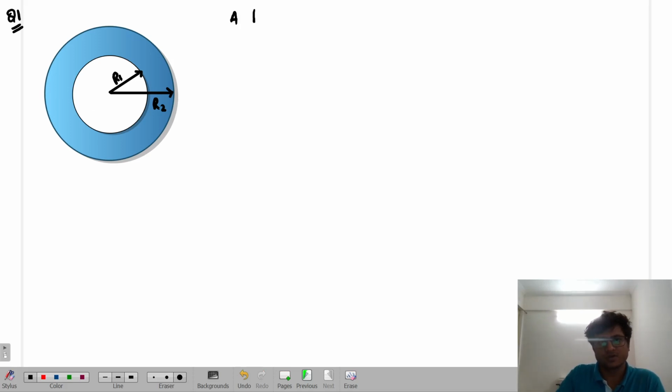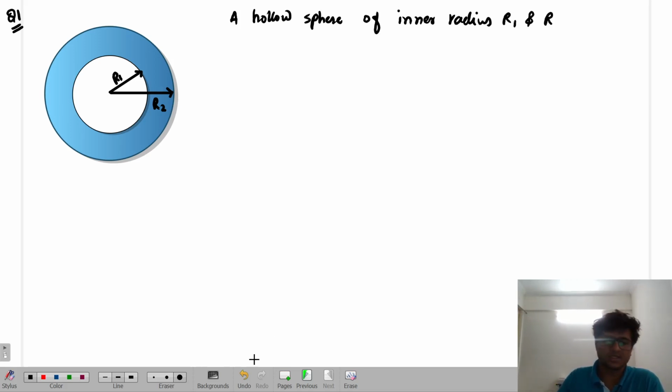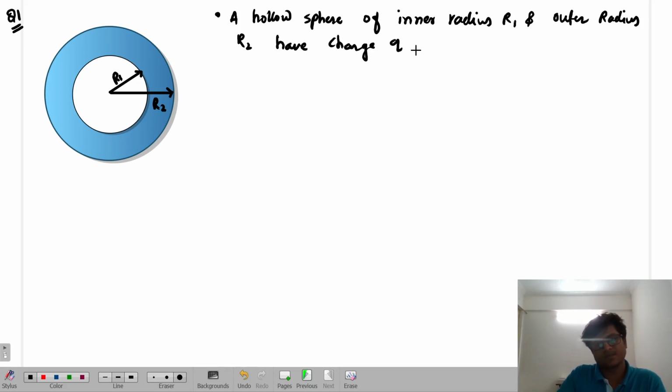Let me write a hollow sphere of inner radius r1 and outer radius r2, have charge q. Then find E at A, B and C.